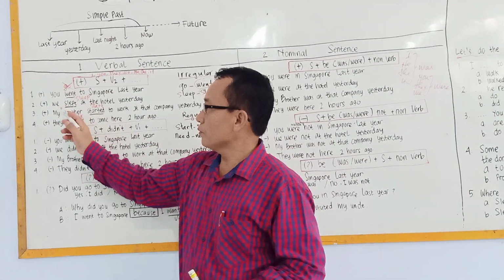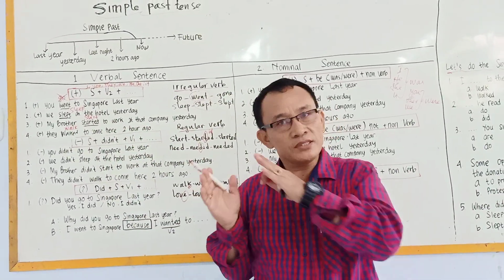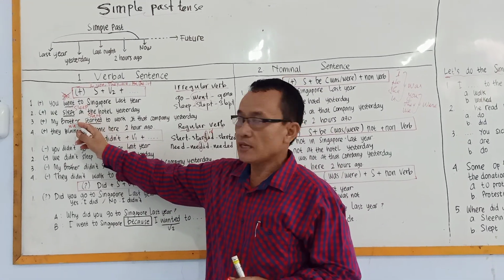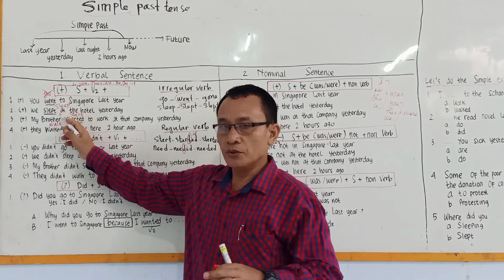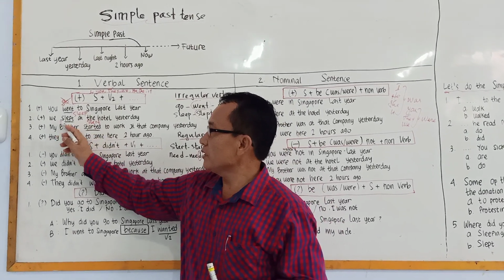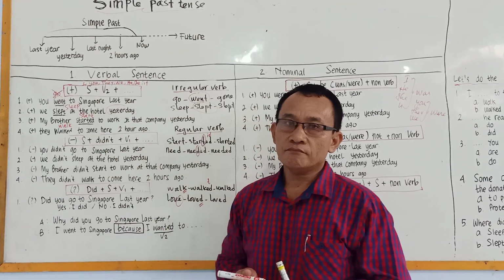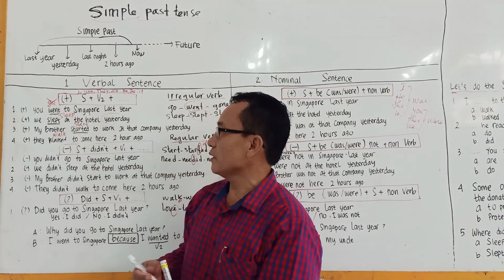Number 2. We slept at the hotel yesterday. Slept comes from sleep. So you don't need to say we sleep at the hotel yesterday. This is yesterday. So, we slept at the hotel yesterday.